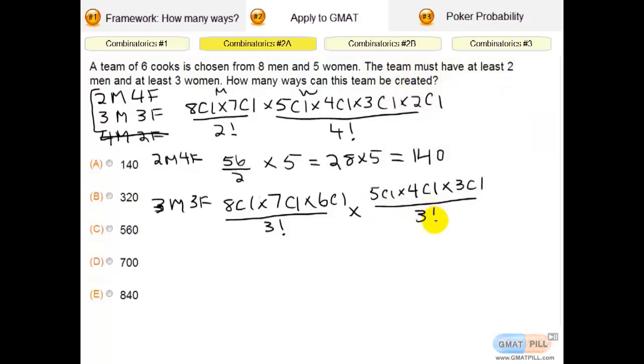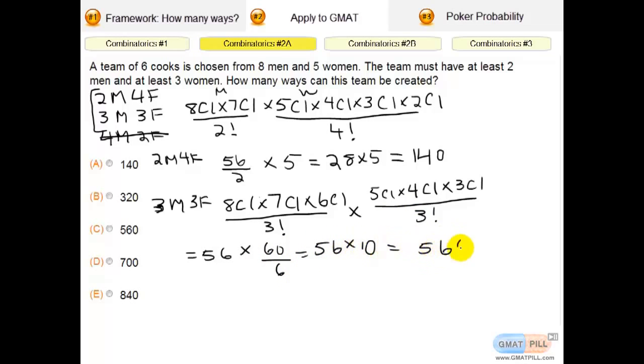And this also divides by 3 factorial. We know 3 factorial is 3 times 2, and that cancels out with the 6. So that's basically 56 times, here we have 5 times 4, which is 20, 20 times 3 is 60. Then you divide that by 3 factorial, which is 6. And so that's basically 56 times 10.